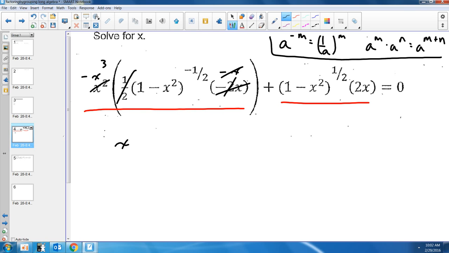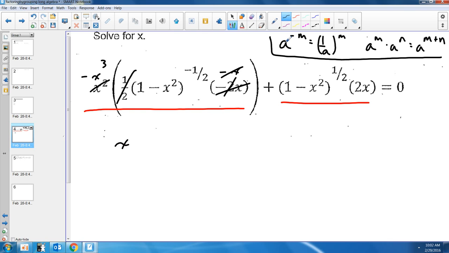But I want to also pull out as much as I can out of both of these terms before I distribute. So the other thing that I want to look at now is this 1 minus x squared to a power. 1 minus x squared to a power. It's the same base. I can pull out a term of that same base to make this easier to work with.